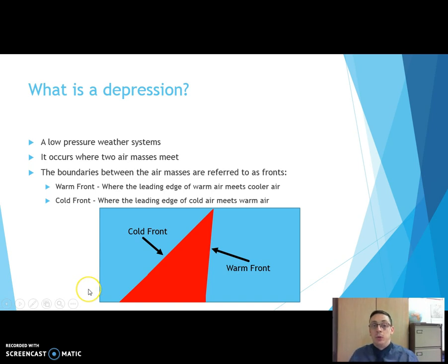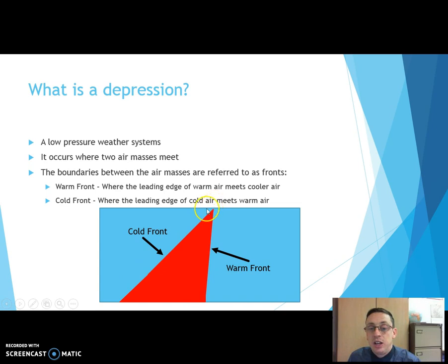When we talk about depressions, we've got two main fronts that we deal with, where we've got the leading edge of the warm air. If we imagine that this mass of warm air is moving from left to right, the leading edge of the warm air we refer to as the warm front.